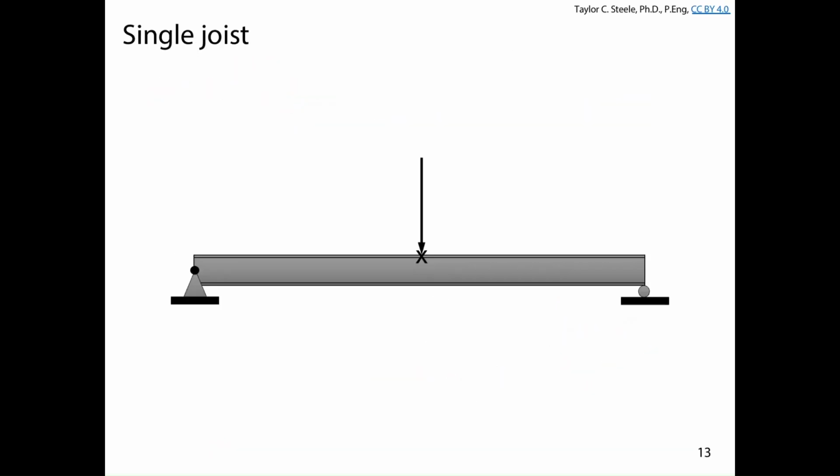Well, if we had a girder loaded by a single joist, right? So that's the girder, and it's loaded by a joist or a couple of joists at a single spot. We've got a load P that comes into the middle of the girder, and in addition to the load, the joists provide a single point of lateral restraint so that the beam can't buckle in or out of the page as we're looking at it.